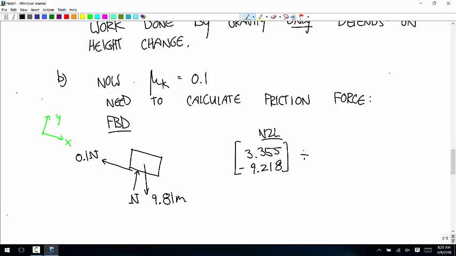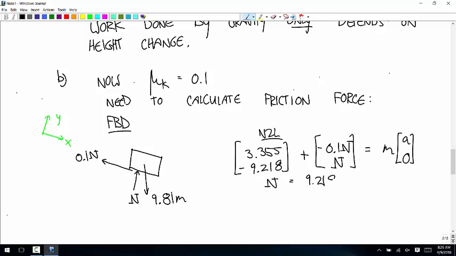Okay, and then plus negative 0.1 N, and then positive N. And now we have this times mass times the acceleration vector. We can calculate N is equal to 9.218.